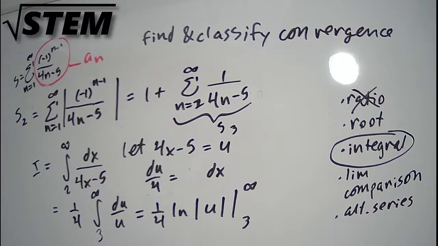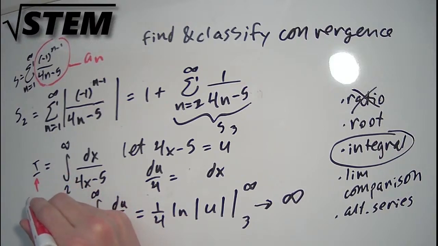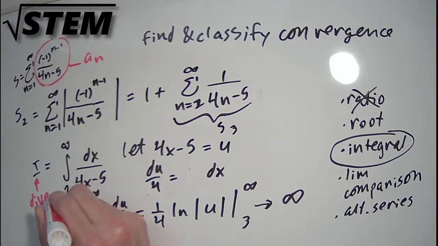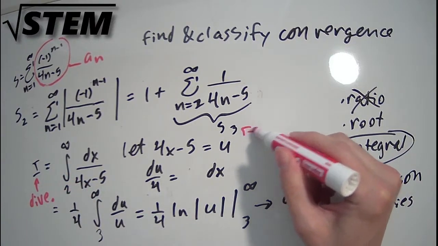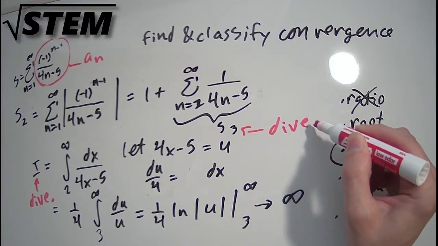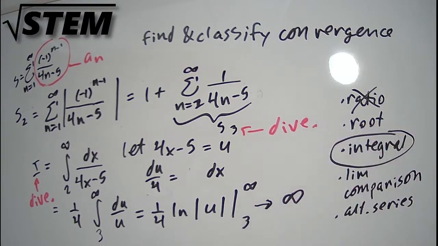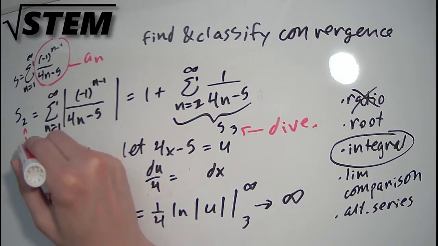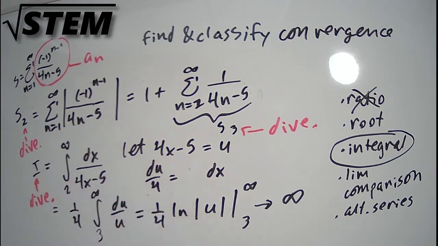But the natural log of infinity is infinity. So this diverges, which means S3 diverges to infinity, which means S2 diverges to infinity.